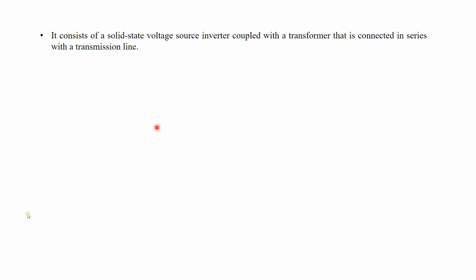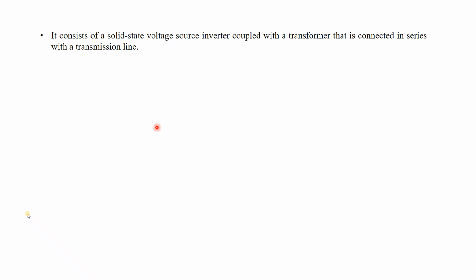It consists of a solid state voltage source inverter coupled with a transformer, that is connected in series with a transmission line. You can see it is a solid state voltage source inverter. Solid state because it is a power electronic device, so its construction is of solid state type.